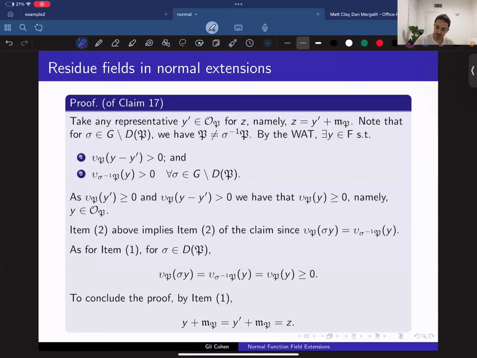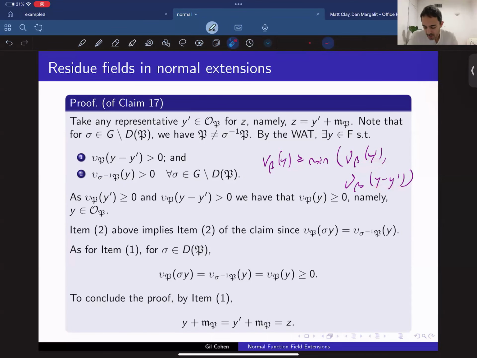That's the usual trick of saying that the valuation of y is at least the minimum between the valuation at y prime and the valuation at y minus y prime, because these two sum up to y. And since both of them are at least 0, we know that also y has valuation at least 0, namely y is in OP.